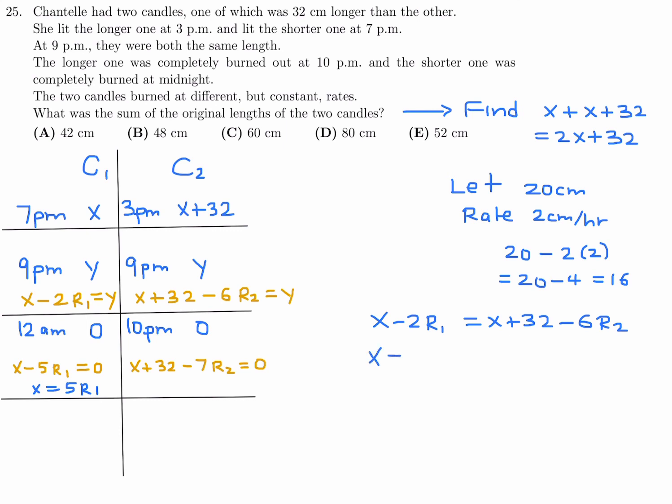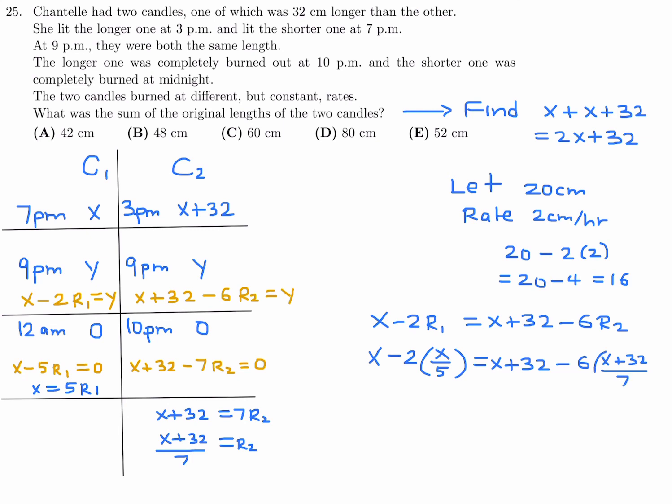Well, get everything in terms of x if possible. R1 I can get in terms of x. It's going to be x over 5, like that. And this is x plus 32 minus 6R2. R2, yeah, I can get in terms of x with this equation. So that's going to be, let's see here, x plus 32 is 7R2. So that means R2 is x plus 32 over 7. So x plus 32 over 7, like that.